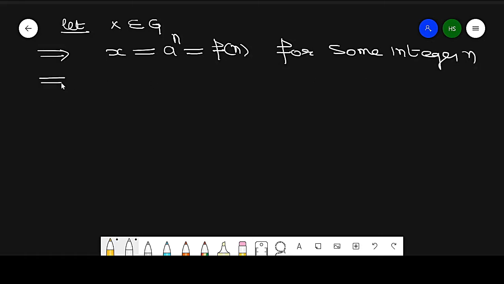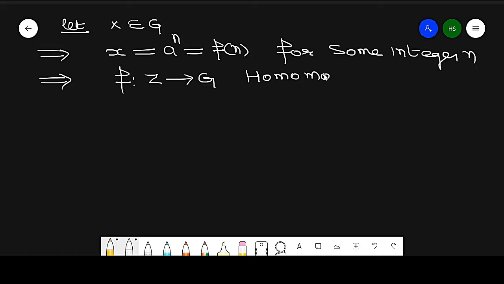So this map f from Z to G is a homomorphism as well as onto.